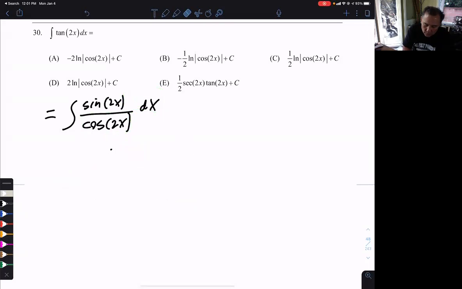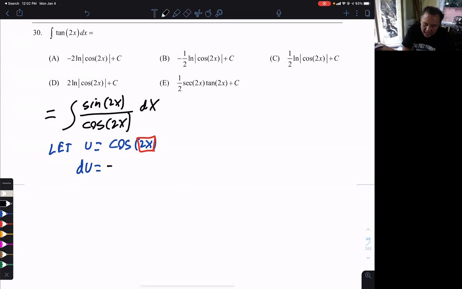And so your only u that's going to work out nicely is the denominator. You're going to see that's a common choice of u because it ends up with the ln. So we're going to let u equal the denominator, and you take the derivative. Again, that's not x, so it becomes our box in the chain rule.